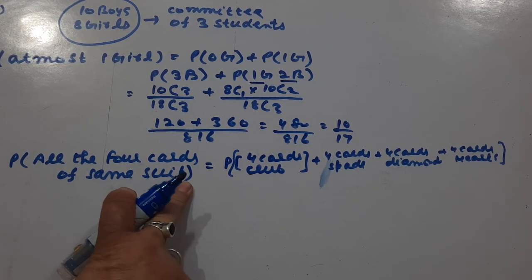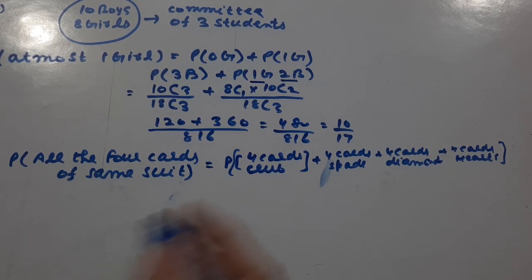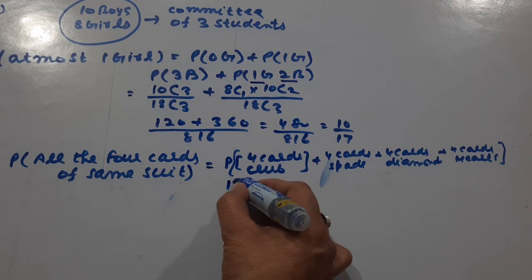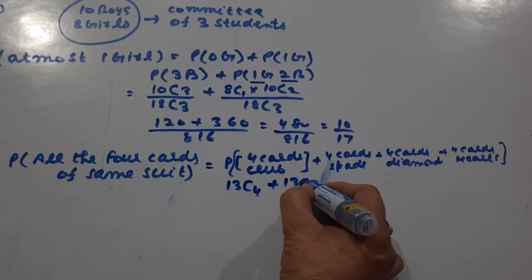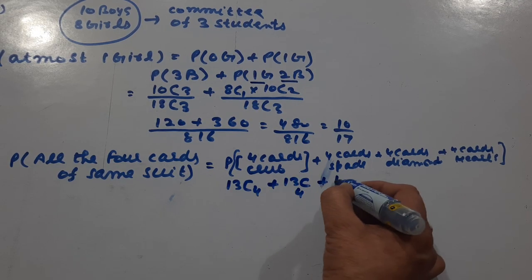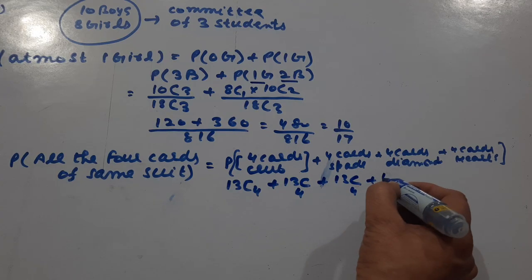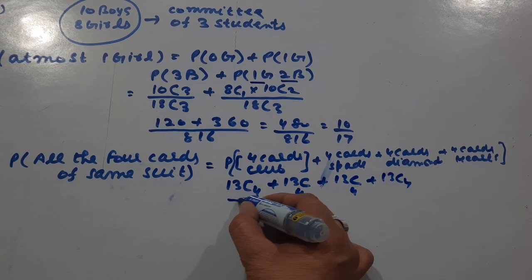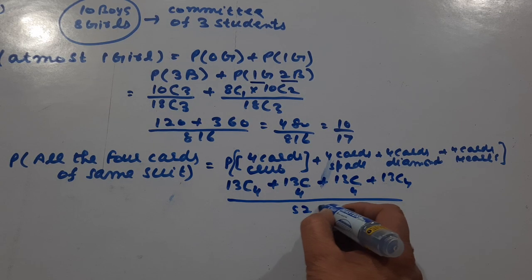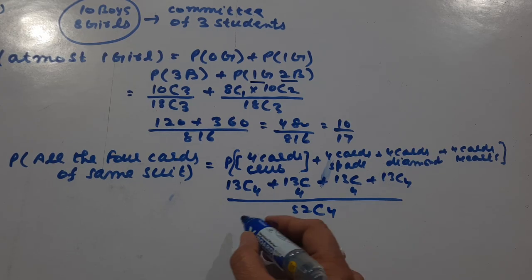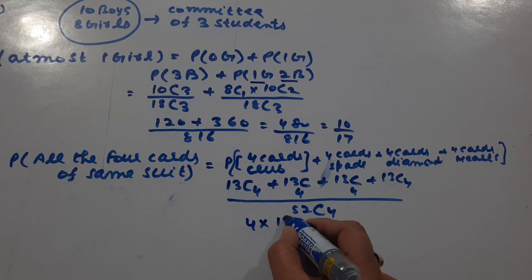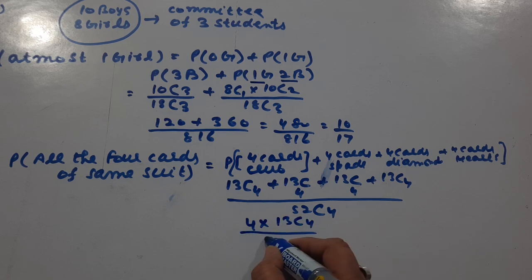टोटल केस हमारे पास कितने बनेंगे? 52C4। Now 4 cards out of 13 can be drawn in 13C4 ways. 4 spade cards again 13C4, 4 diamond cards 13C4, and 4 heart cards 13C4, and total number of cases will be 52C4. Right? Now let us solve it. So this is equal to 4 times 13C4 upon 52C4.